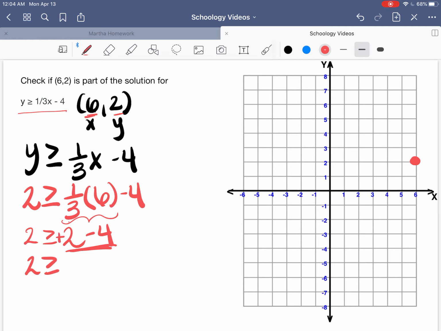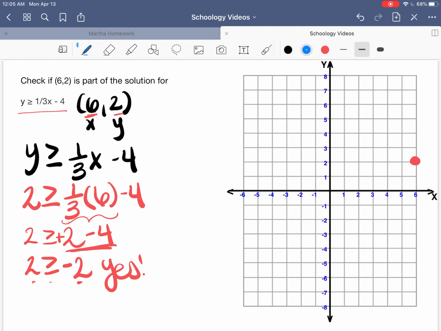One is positive, one is negative. So you're going to subtract them and get 2. Because the 4 is bigger, it will be a negative 2. All right, so here it says 2 is greater than negative 2. So is that true? Yes. So when I graph it, this should be part of my solution.